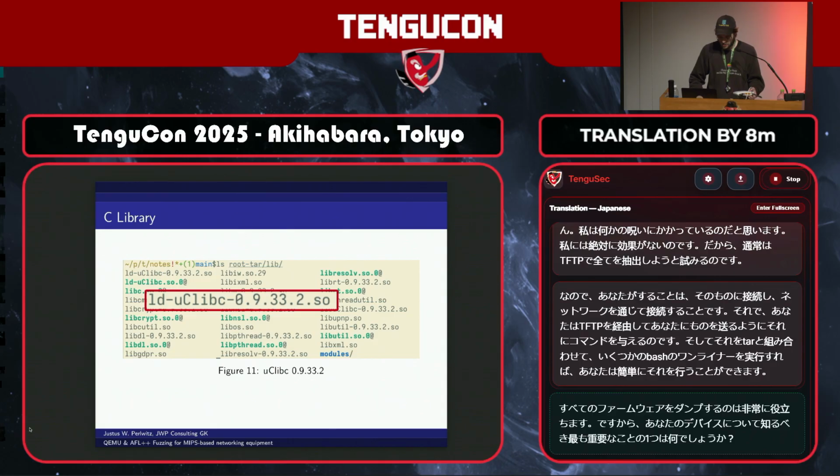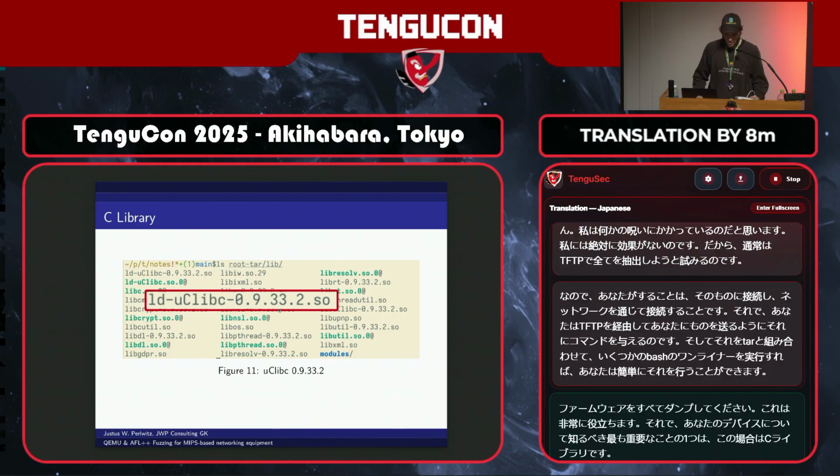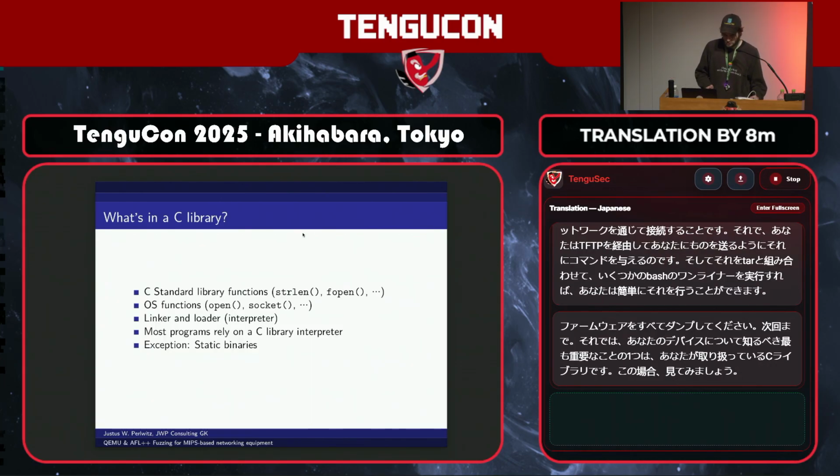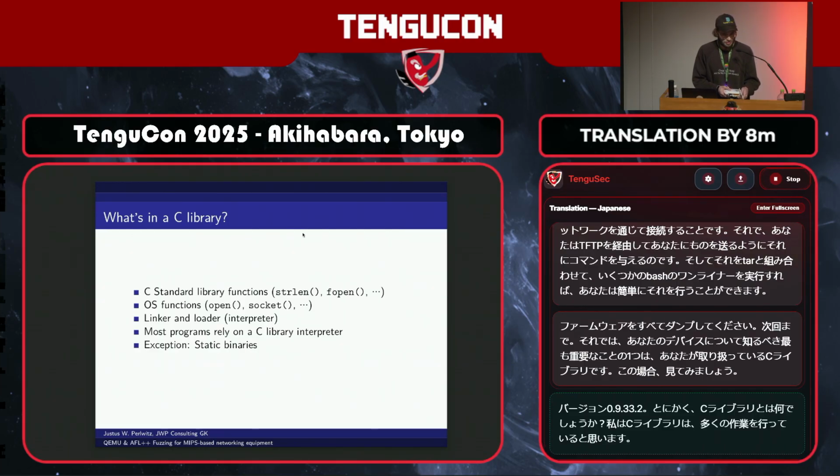In this case, uClibc version 0.9.33.2. Well, anyway, what's a C library? I think C libraries do a lot of work without anyone ever noticing that they do so much.